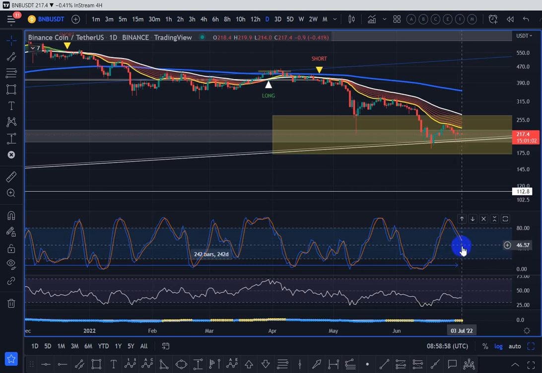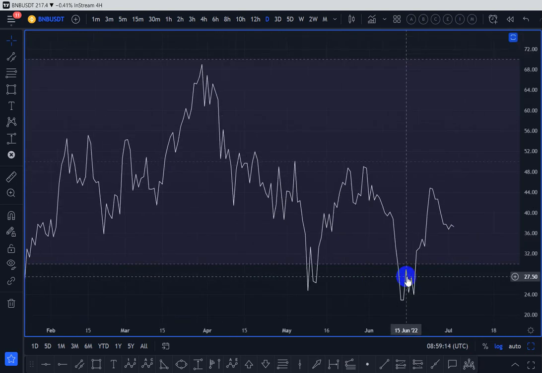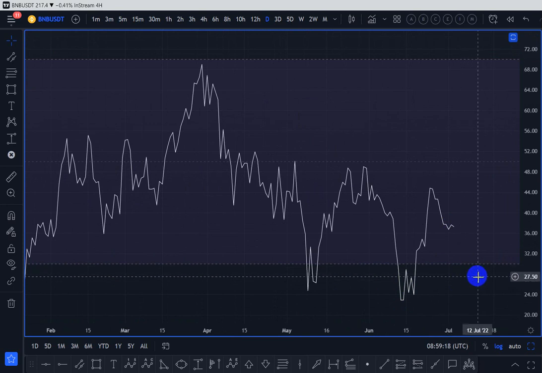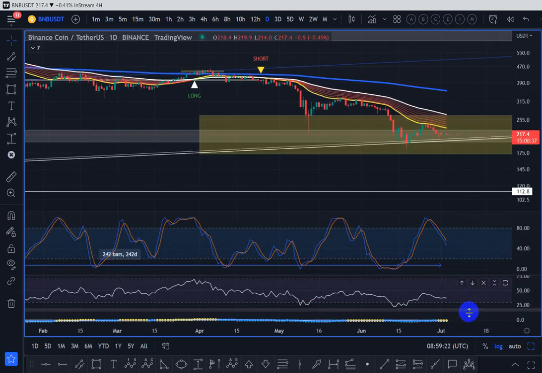I would wait for the price to give me a crossover here on the Stochastic RSI, and I prefer to see it somewhere here in the oversold territory. Also, with the regular RSI, I would love to see it go this low and make a divergence here. Then there will be a super strong signal for me to add more.